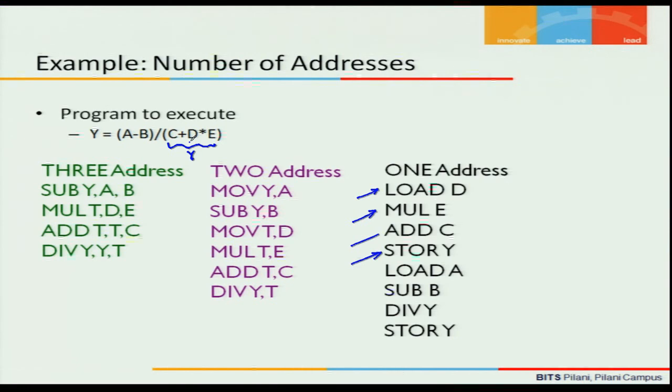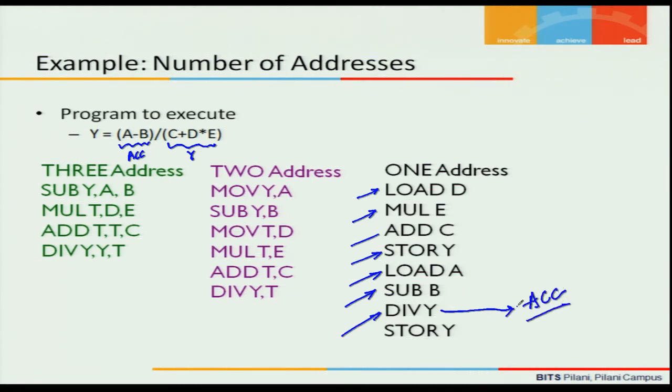After you have done that, you have to do A minus B as well. So load into the accumulator A and subtract B from that. After this, in the accumulator you have A minus B. Now that value which is in the accumulator, you want to divide by Y. That is what you do by saying div Y. The result at the end of this operation is in the accumulator.